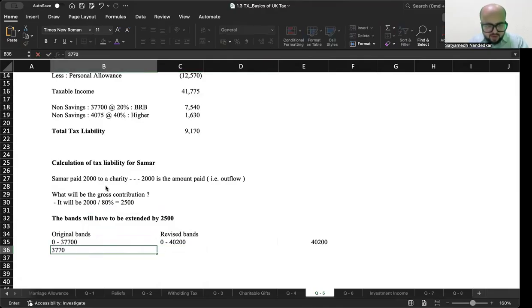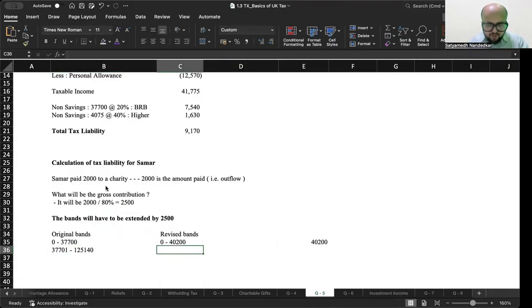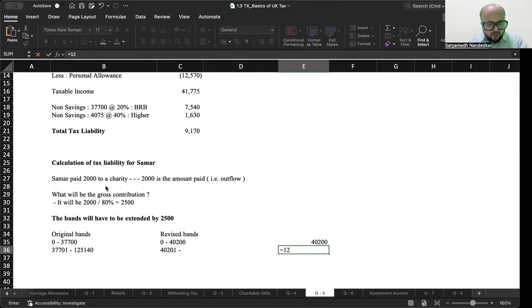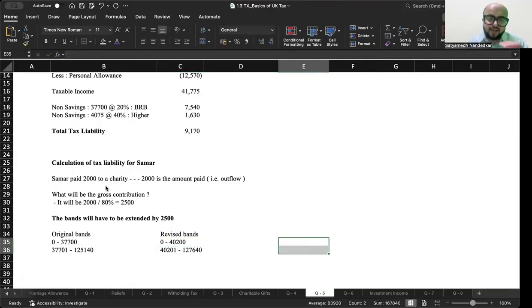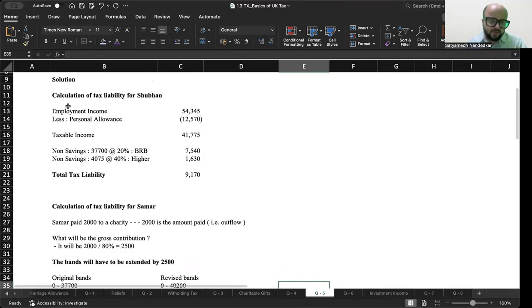Original band 37,701 to 125,140. Revised band will be 40,201 to 125,140 plus 2500, which is 127,640. Okay. Now, these are our revised bands.